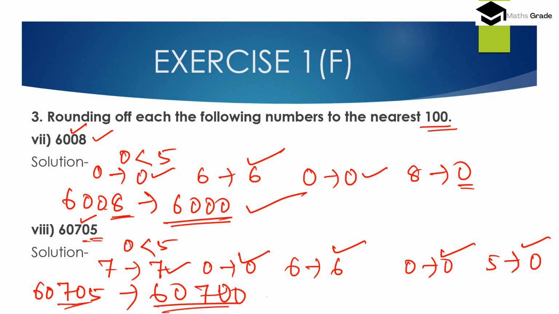Now it is 60,700. So 6,008 rounded to the nearest hundred is 6,000, and 60,705 rounded to the nearest hundred is 60,700.